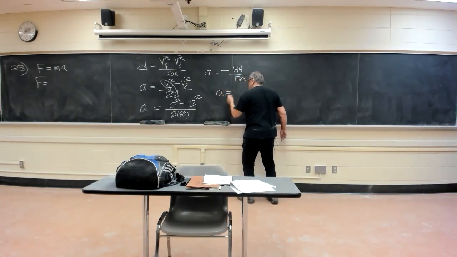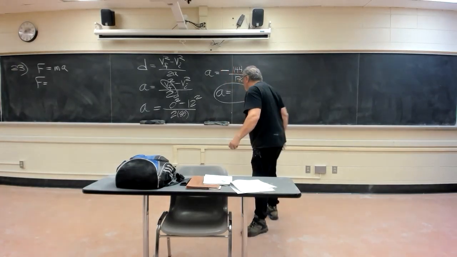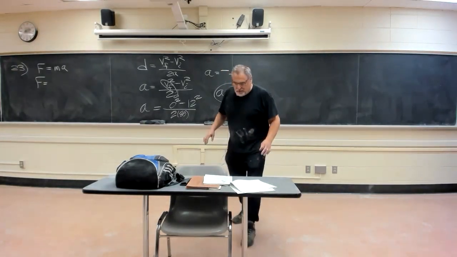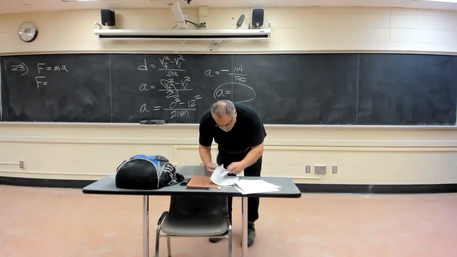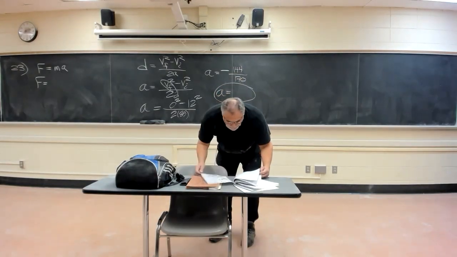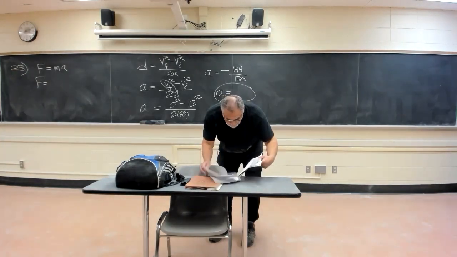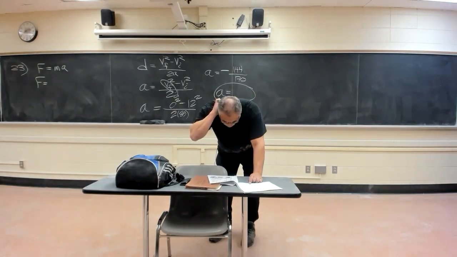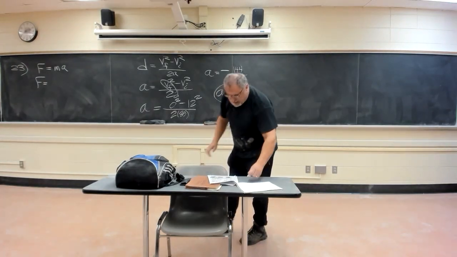And that gives you the acceleration at the end of the day. It's going to be a negative number, but I just want the magnitude, so that's not going to be too big a deal. For this right here, the magnitude of this thing is 0.847 meters per second squared.